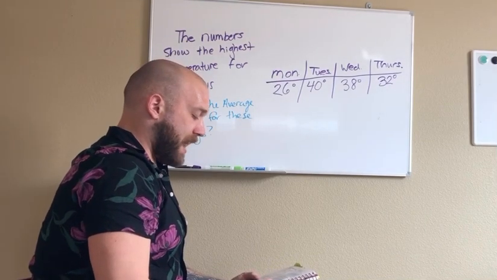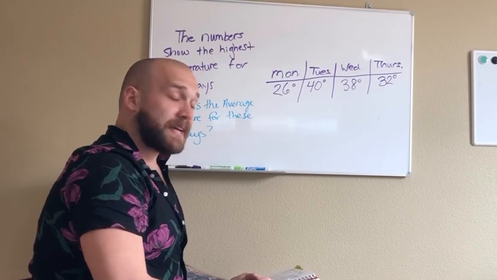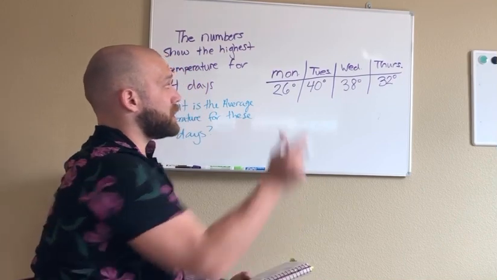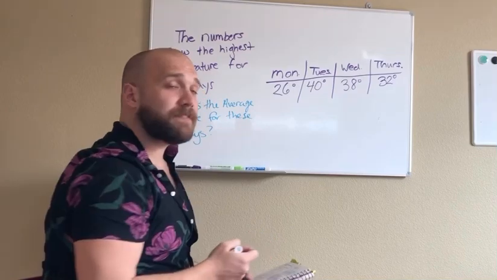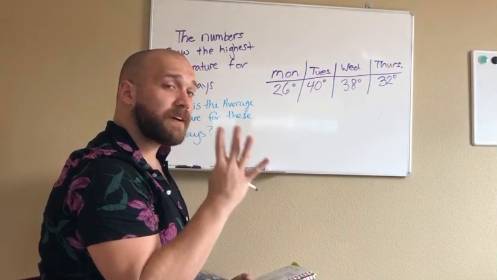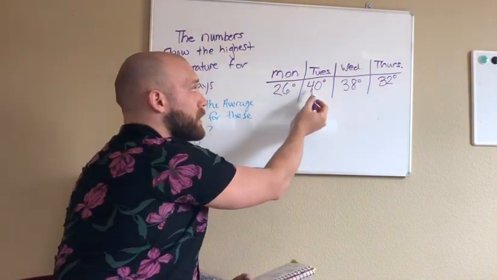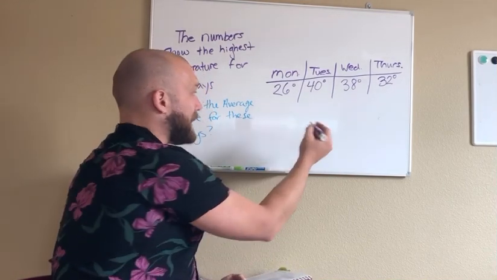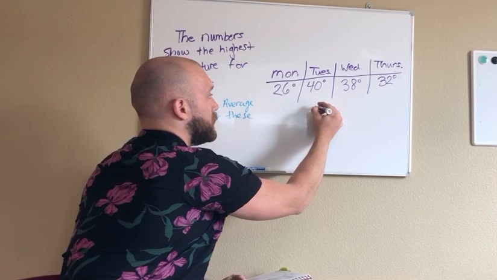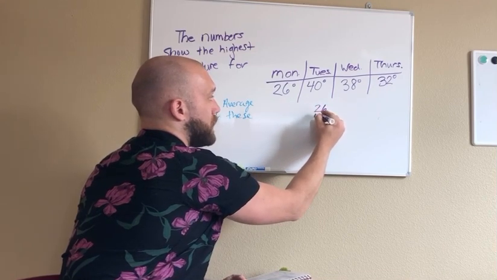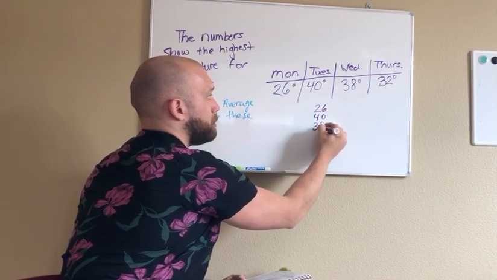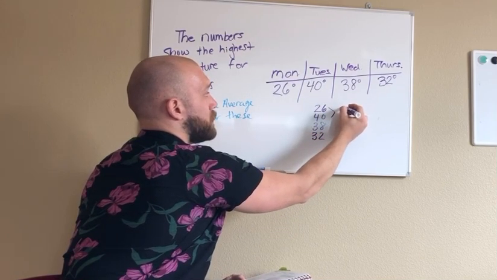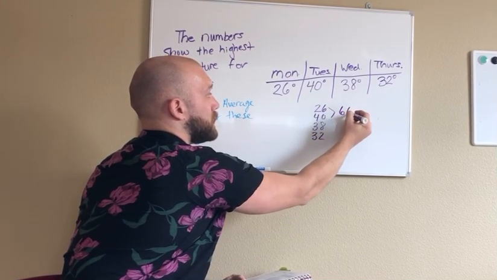Here's how you find the average. You add the numbers and divide by 4. Again, you want to add these numbers together and divide them by 4. You're dividing by 4 because there are 4 numbers that you're adding together. So when I add up 26, 40, 38, and 32, I know that this together is 66.